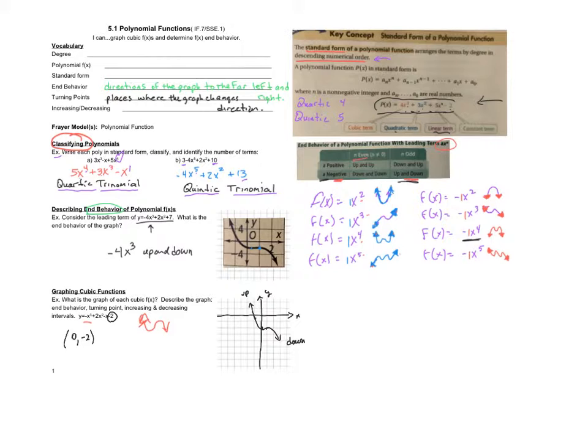Where are its turning points? Well, if you go to the calculator and you look for some of these values, this value right here would be a minimum. This value right here would be a maximum. And you plug that into the calculator, you're going to find out that the turning points are going to be 0.33 or 1/3 and negative 2.15, and then 1 comma negative 2.